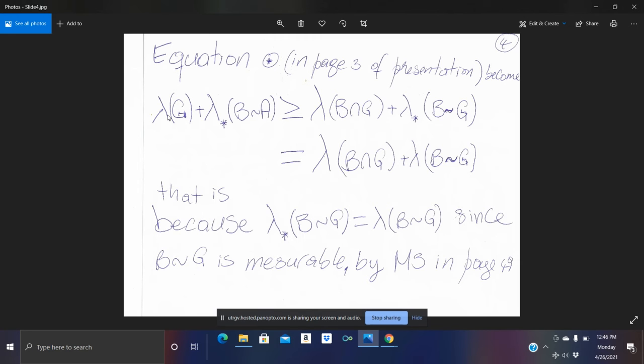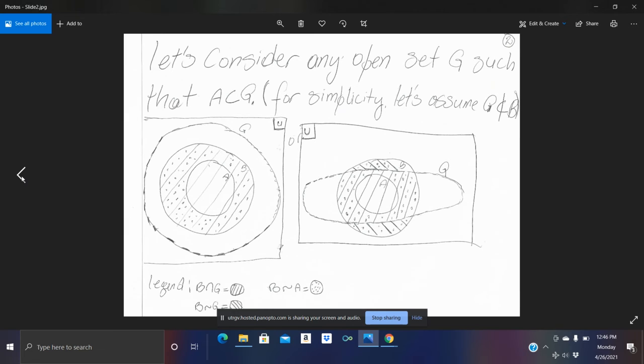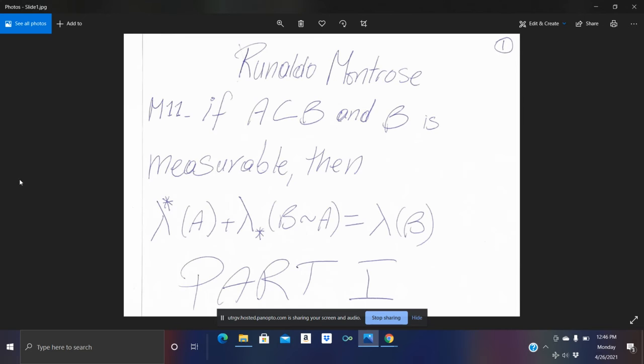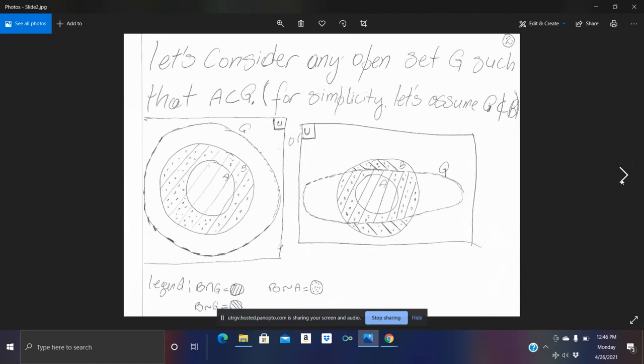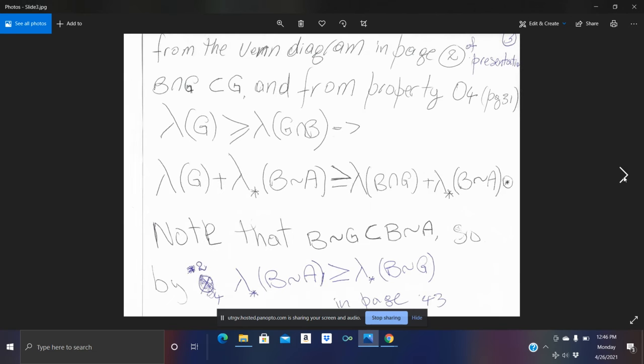And G itself is measurable, because we started by saying that we consider an open set G such that A is a subset of G, and all open sets are measurable by property M7 in the Jones book.